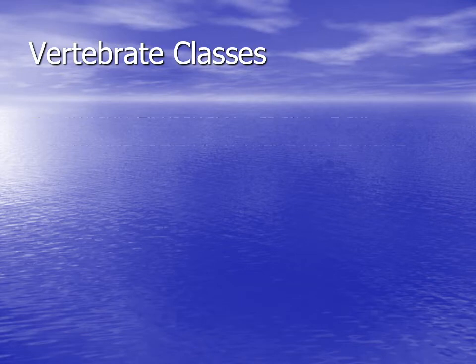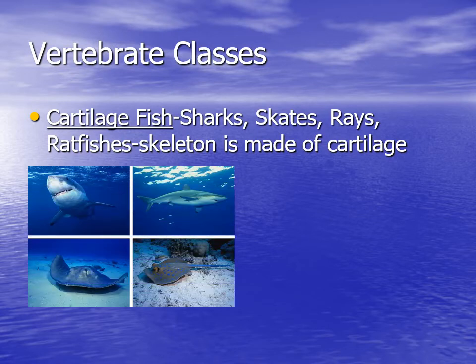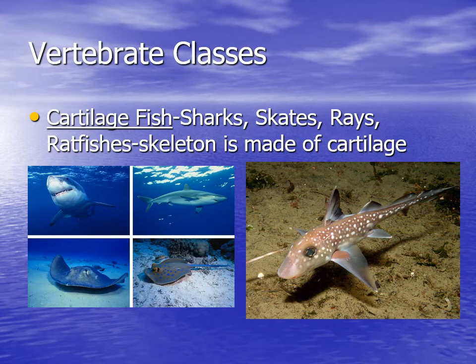Our next vertebrate class includes the cartilage fish, and these organisms include sharks, skates, rays, ratfishes. They all have a skeleton that's actually made out of cartilage and not bone. So their skeleton's made out of a tough cartilage, sort of like you have in your ears and in your nose.